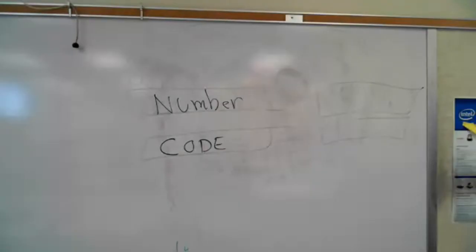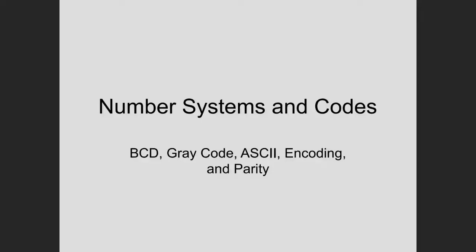Let me do binary codes. There are only a couple here that I want you to actually remember. So we have these codes. We have BCD, which is important. That stands for binary coded decimal.